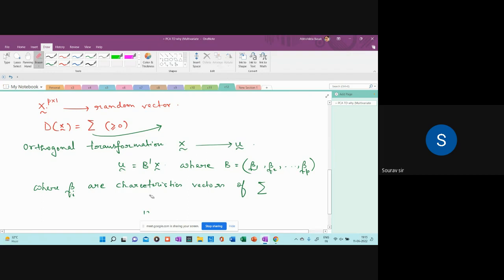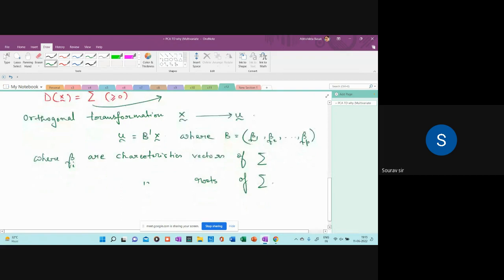Okay, and we are saying that the characteristic roots of this sigma are assumed to be lambda 1, lambda 2, up to lambda p.